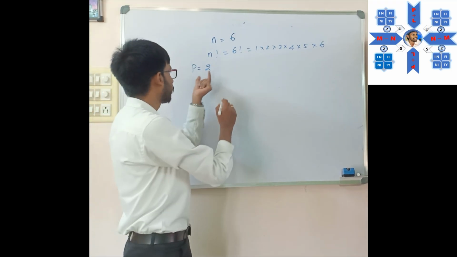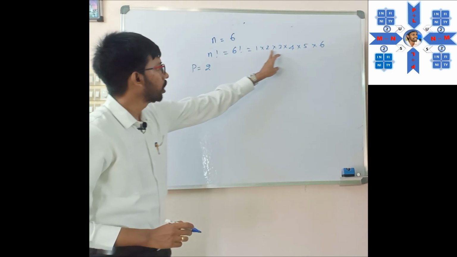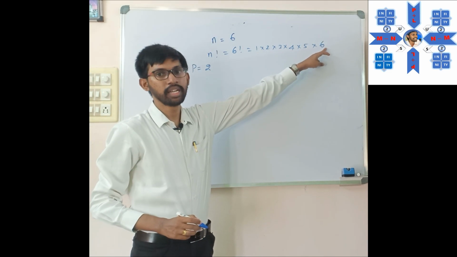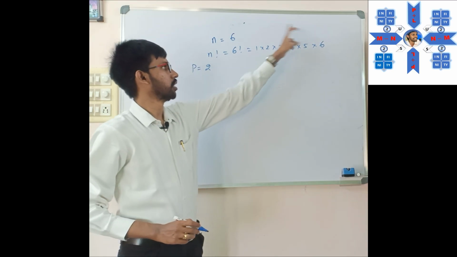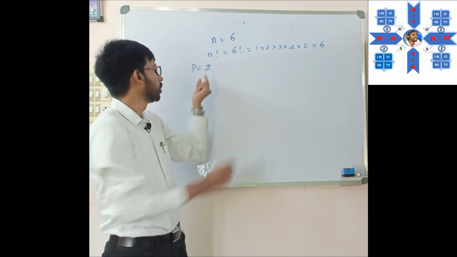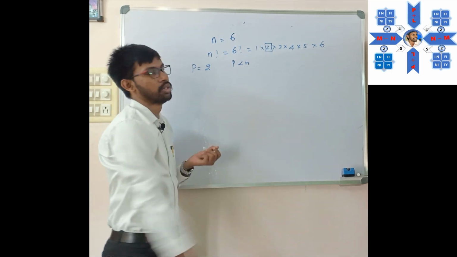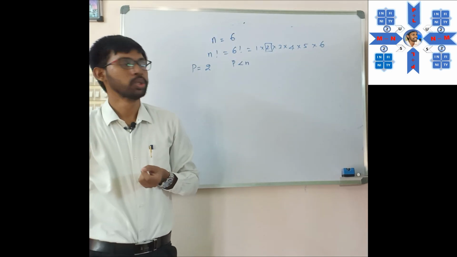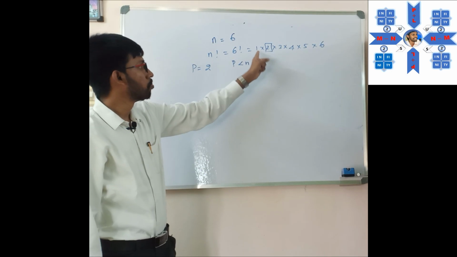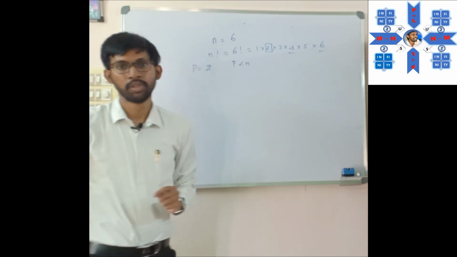Since n equal to 6, I have all the numbers less than or equal to n and their products. That is the concept of our factorial. Since p is less than n, obviously p should be present here, right? Not only p, its multiples can also be observed here.